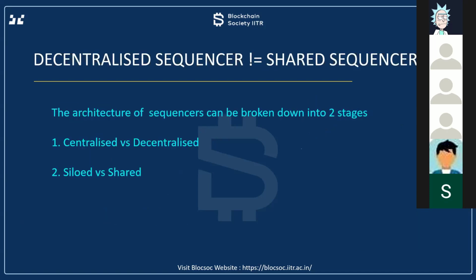First of all, when I'm talking about decentralized sequencer and shared sequencer, they are not the exact same thing. The sequencer architecture can be broken down into two stages. First is whether it is centralized or decentralized, and the other is whether it is siloed or shared.